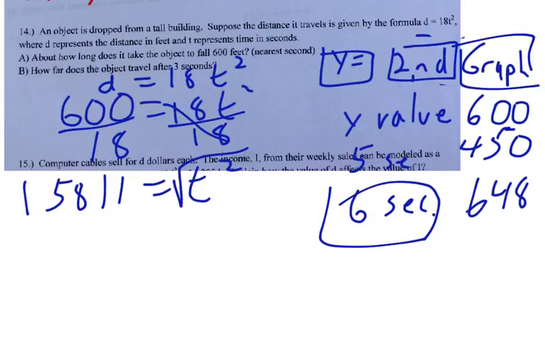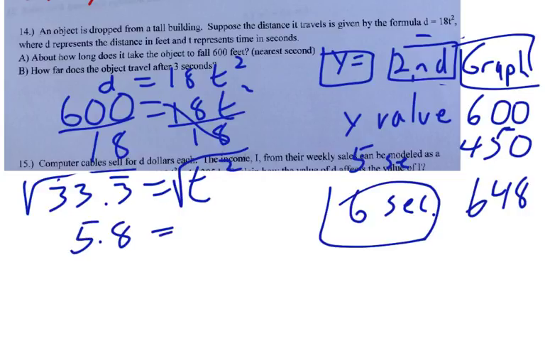The inverse of squaring is square root, so just take the square root of that answer. Whoops, that was 33.3, not 5811, my bad. I think I hit multiply instead of divide. So hit second square root of 33.3 repeating. Or you can just hit second square root, second answer, and that'll give you about 5.8. Is that closer to 5 seconds or 6 seconds? And the answer is it's closer to 6 seconds. So A has been confirmed at 6 seconds.